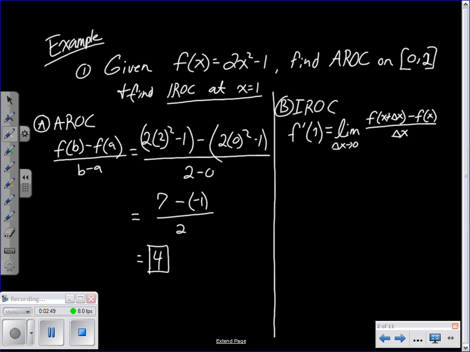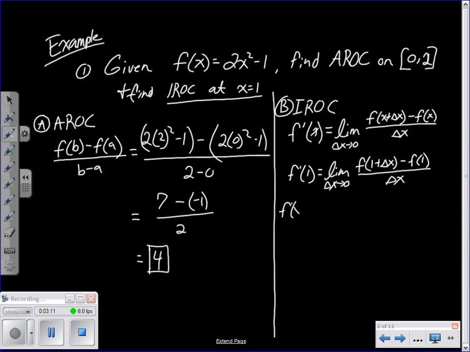In this case, I'm plugging in my value of 1, so f prime of 1 is equal to the limit as delta x goes to 0 for f of 1 plus delta x minus f of 1 divided by delta x. So I need to find out what f of 1 plus delta x is and what f of 1 is equal to.